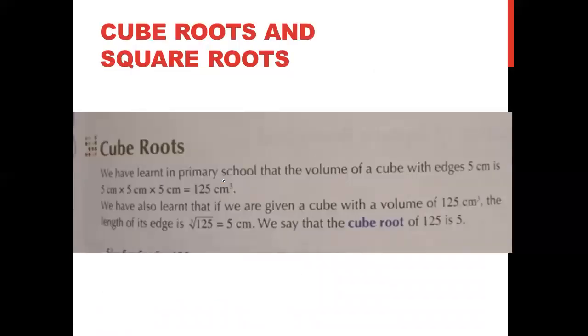We have learned in primary school that the volume of a cube with these edges is 5 multiplied by 5 multiplied by 5, which is equal to 125. Now what step have we missed? You might ask, why isn't it 5 cube?